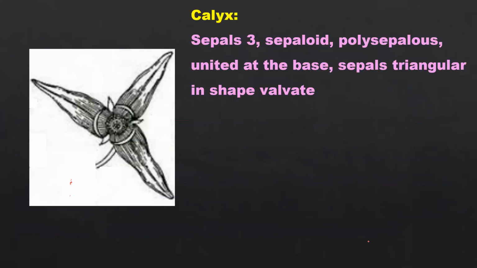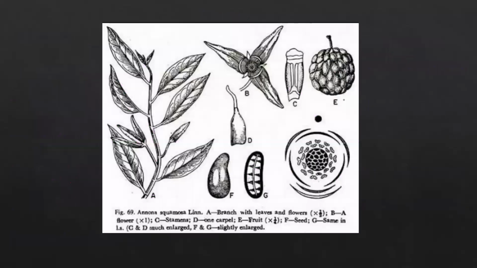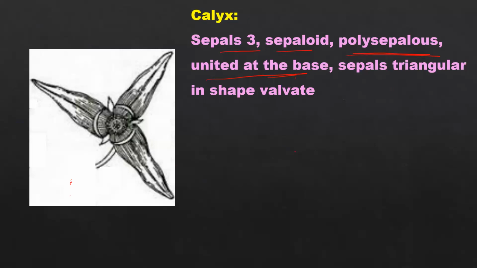Now let's take a deeper look into each of these parts. Sepals are 3 in number. Sepaloid, polysepalous. Okay, polysepalous and united at the base. They are polysepalous in nature, but they are united at the basal part. Sepals are triangular in shape and have valvate aestivation.